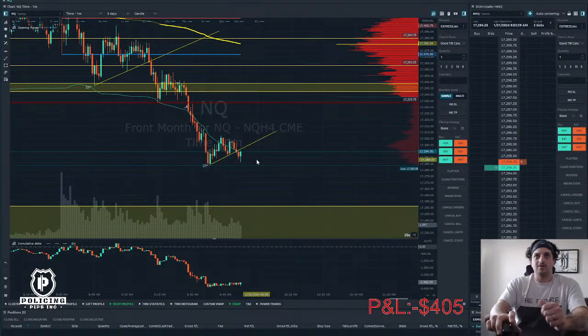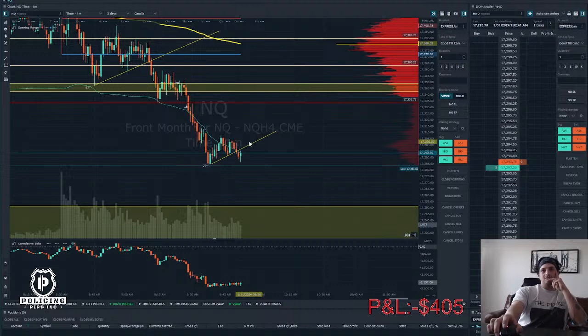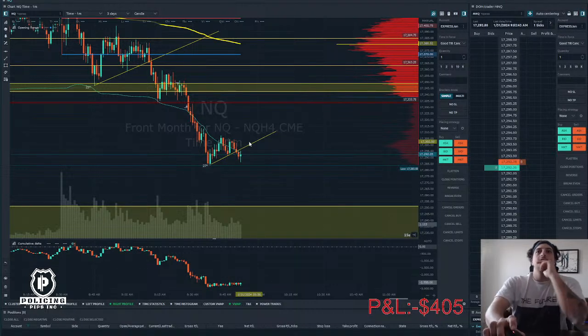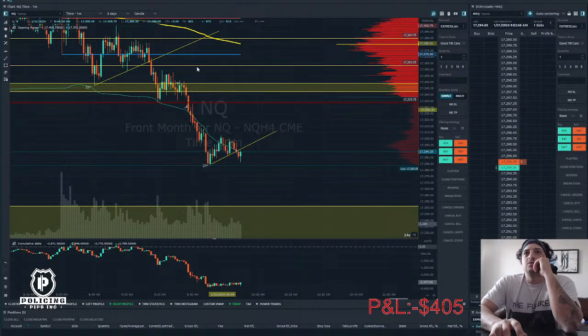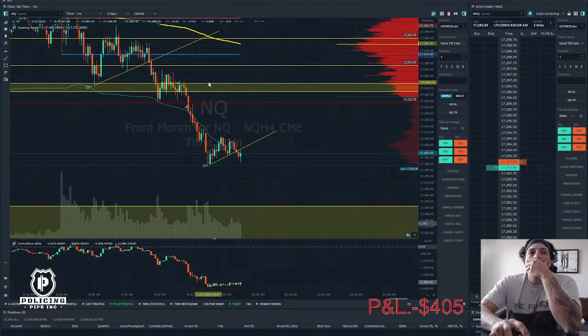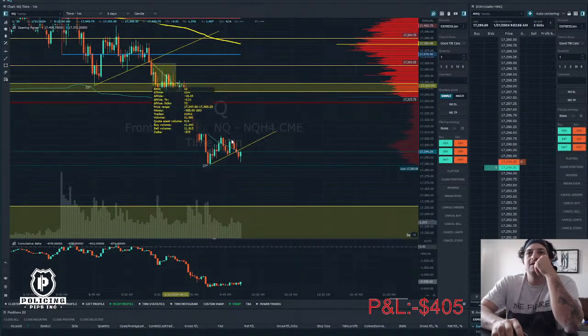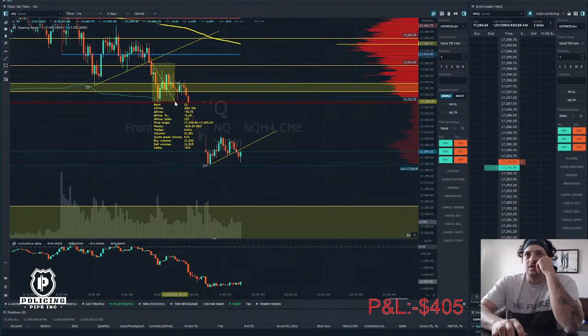But really, I'm not looking to take anything short in the middle of a zone, between an area between two zones. Yeah, it's got to get down here somewhere. I think that short from here, like I said, the initial target's there.